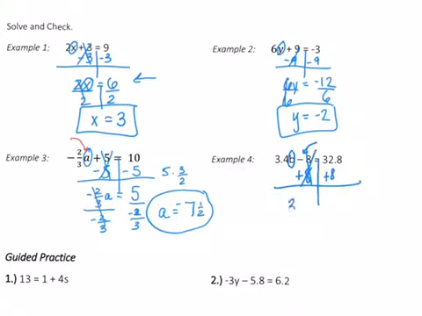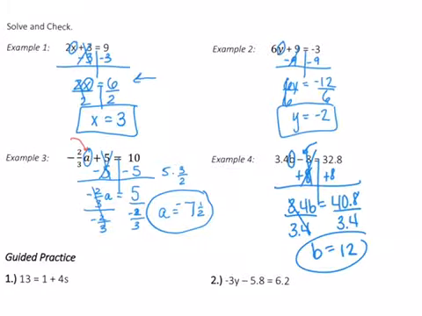That cancels out. 3.4b is equal to 40.8. And then divide both sides by the number in front of the variable, which is 3.4. B is equal to, 40.8 divided by 3.4. Oh, is 12. Cool. So B is equal to 12.